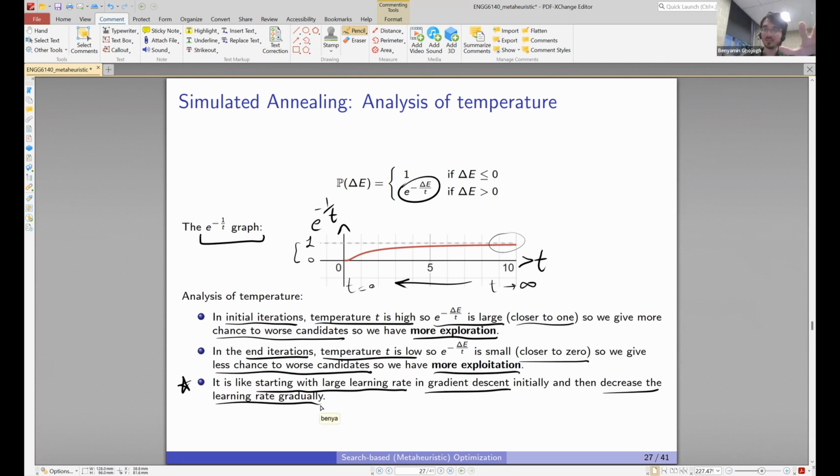When we have an adaptive learning rate in gradient descent, or even in machine learning, in backpropagation for optimizing neural networks, we usually have a higher learning rate and we gradually reduce it. So initially we have higher jumps. We are exploring more, but when we get closer to the solution, we have fewer jumps. We are exploiting more. So this is the idea of simulated annealing.